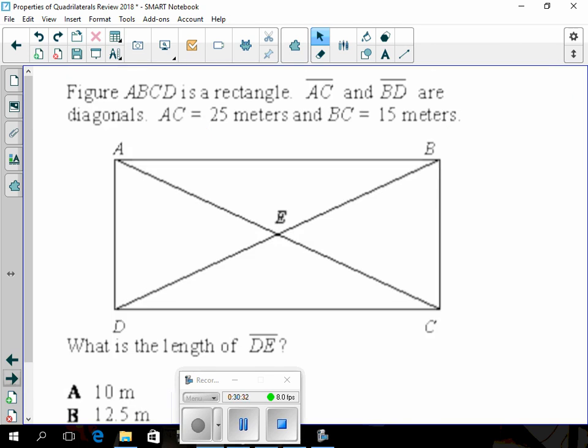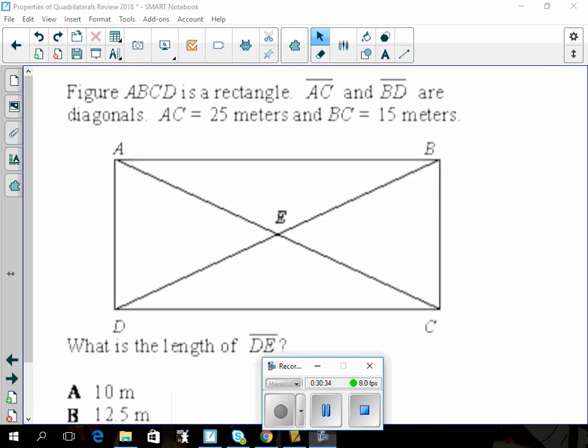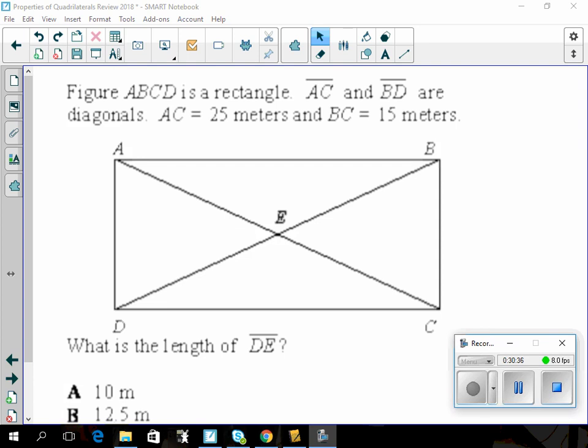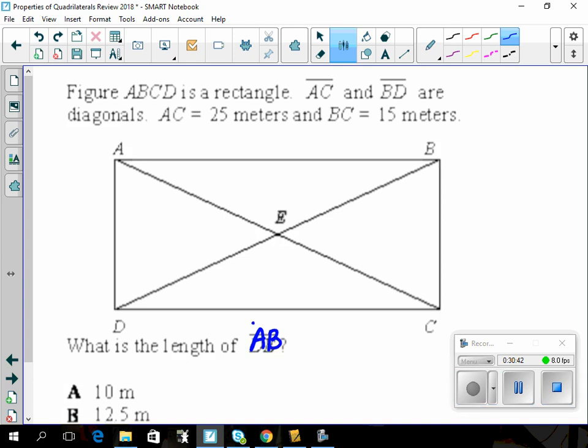All right, what I'd like to look at is this particular question, and I want to change it to the length of AB. Okay? So, it's not on this sheet. It's just an extra question that I have for us. And I want us to look at this question and look at the picture.